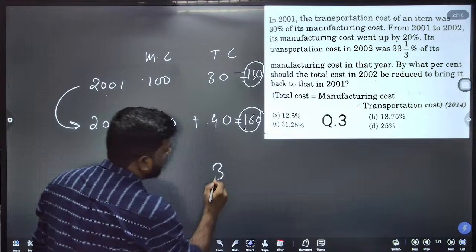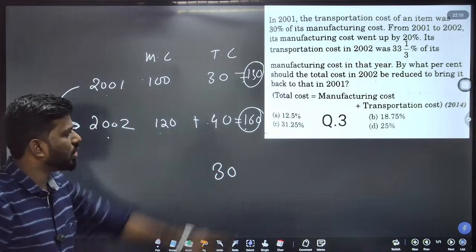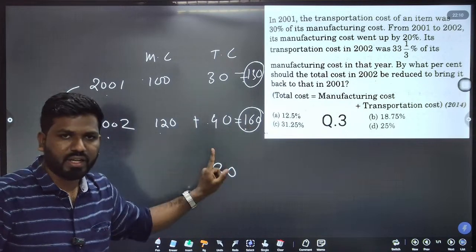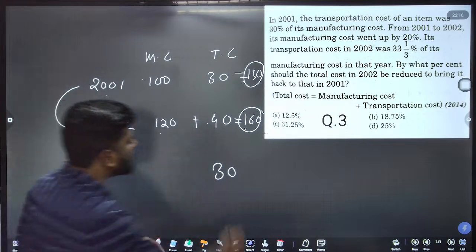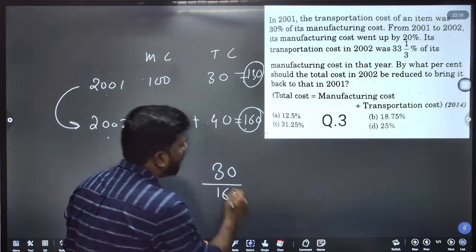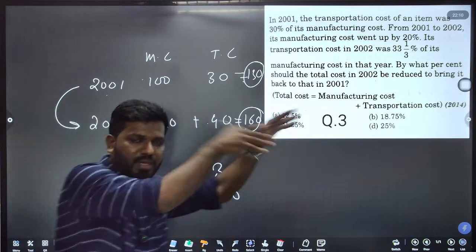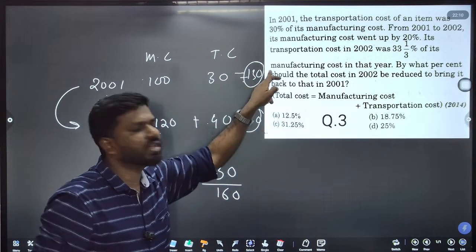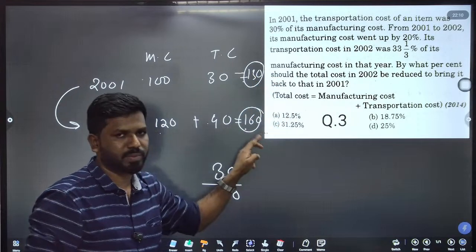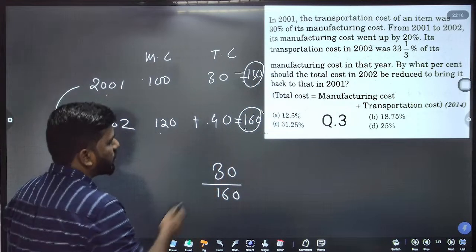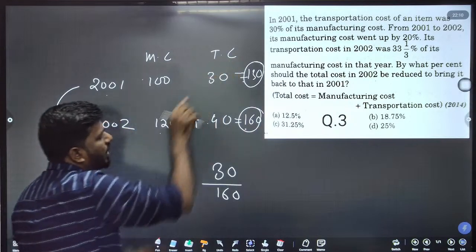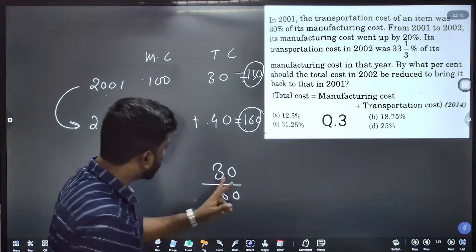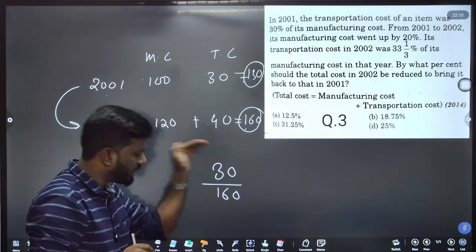Now you will have to reduce the total cost in 2002 by 30. Now I just need to convert this value into a percentage and the base will be 160. Why? Because we are reducing from 160. We are going from 160 to 130, not from 130 to 160. So you need to be very careful about that. Going from 130 to 160 or from 160 to 130, the base value will change. So to go from 160 to 130 you have to reduce by 30.